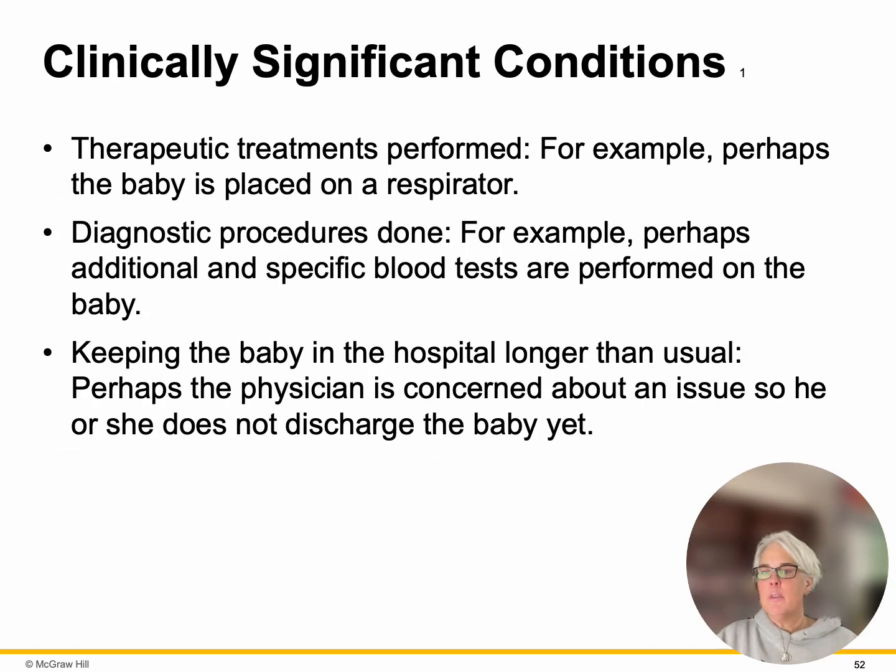On this slide, I'm defining what makes a newborn condition clinically significant. I code a condition if it requires treatment such as oxygen, antibiotics, or phototherapy. I also code it if it triggered additional diagnostic workups like special labs or imaging, or if it prolonged the hospital stay. These are my clues, and when the condition is being ruled out, we want to make sure that that is captured on the baby's chart.